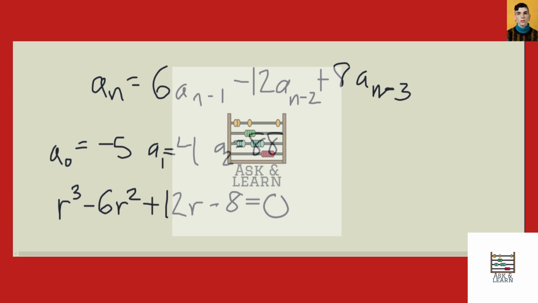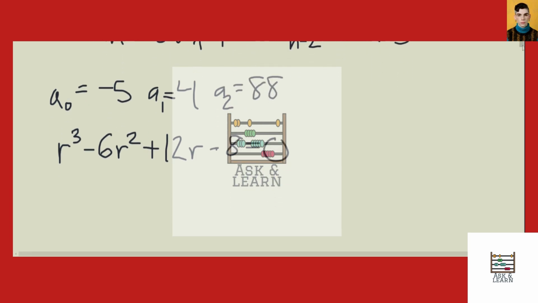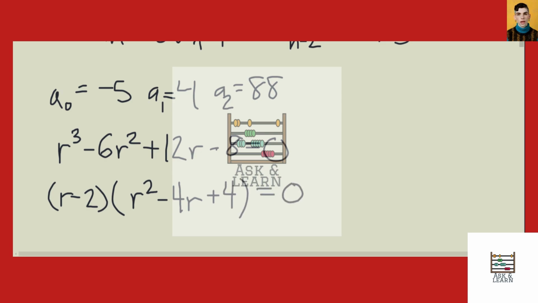And either you can factor this by hand or use a calculator, but you find that if you plug in r equals 2, you obtain the solution to this equation. So we get r minus 2 times r squared minus 4r plus 4 equals 0.